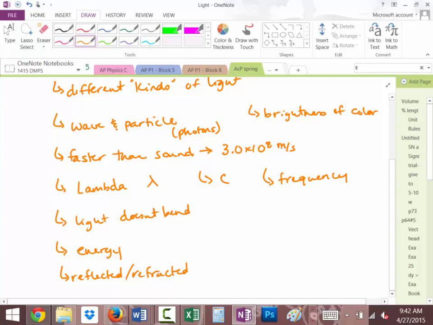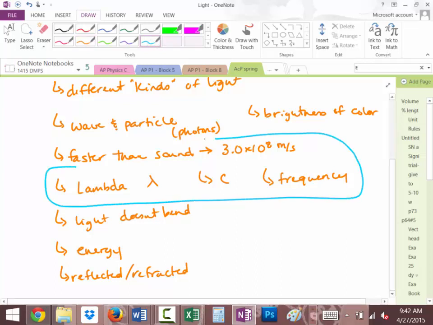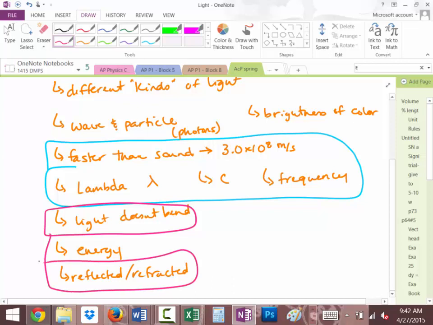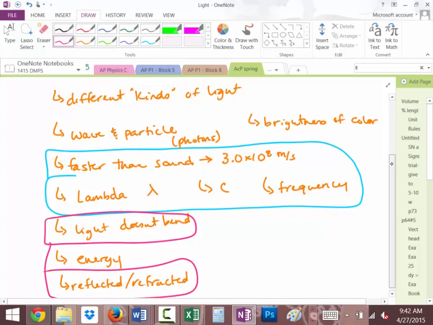There are some chunks here I'm going to make so we can make a little more sense of this. I put these things together because they fit together. I'm actually going to put this one with it. So those are a little box around, so we'll play with those. I'm going to put this statement about bending light with this statement here, because those go together.